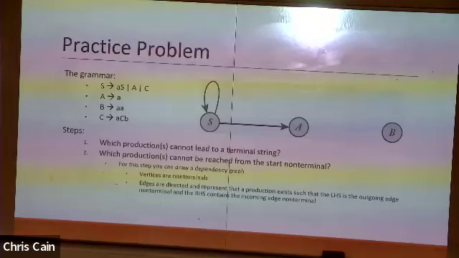So when S goes to A in that graph, does it not really matter how it got there? Yeah, it doesn't matter. We're not producing strings. We're just drawing a dependency graph to show that things are either reachable or unreachable. That's the only question we are answering: are there productions in this grammar that we can eliminate? Okay. Excellent questions.